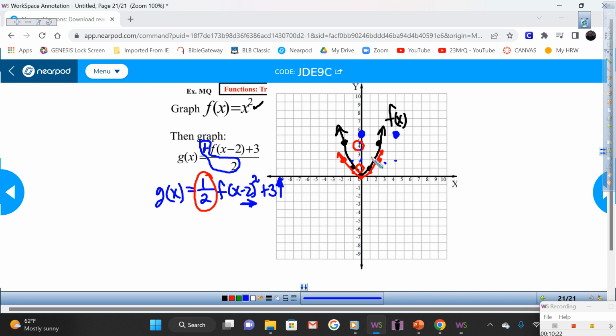This one, 1, 2. 1, 2, 3 at the half. This one, 1, 2. 1, 2, 3. And this one, 1, 2, 1, 2, 3. And that is our g of x.